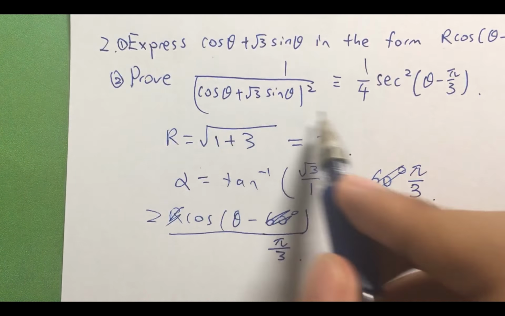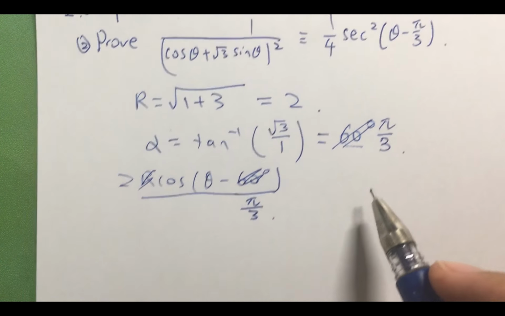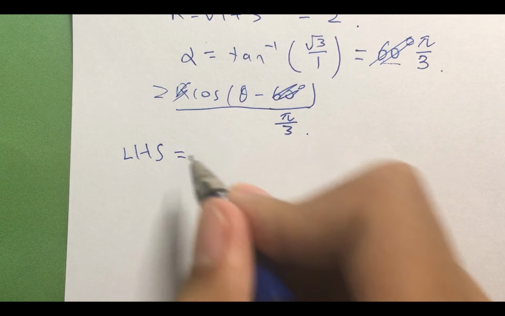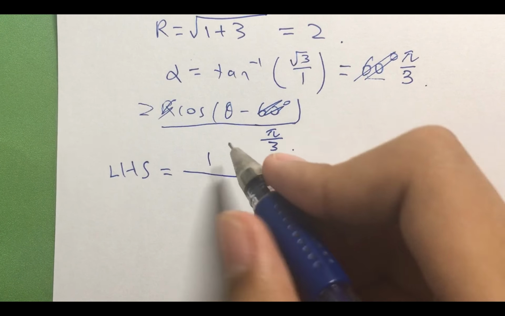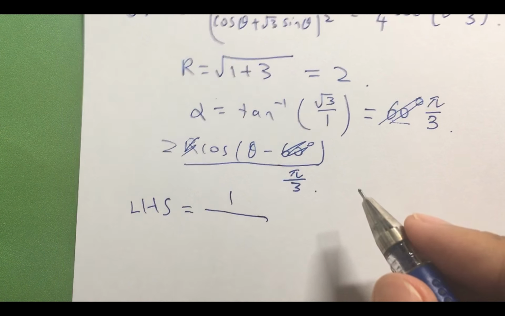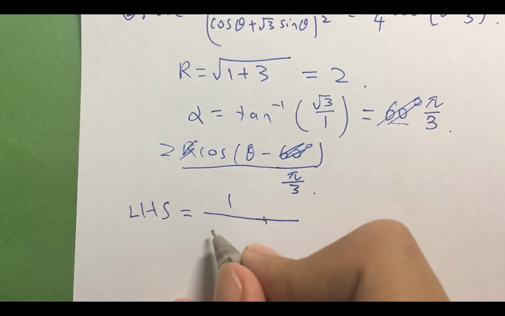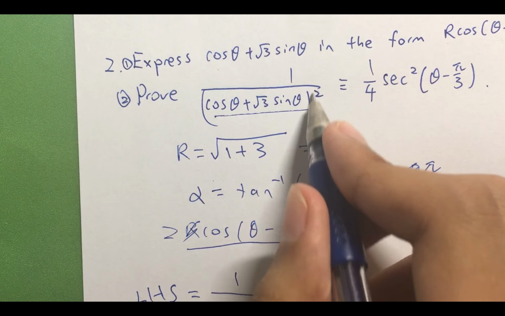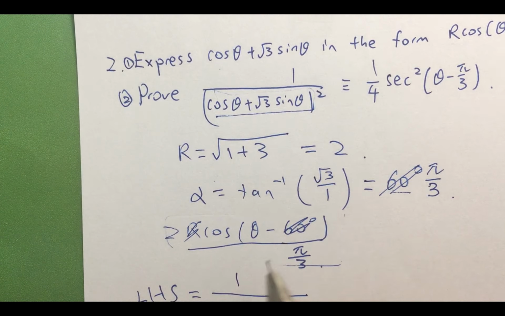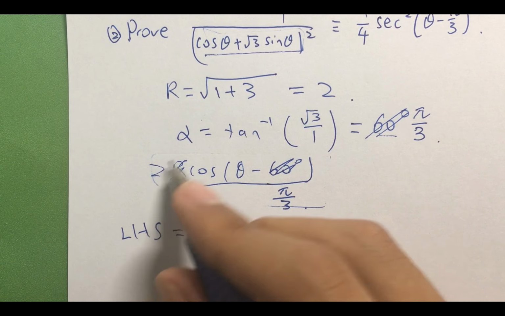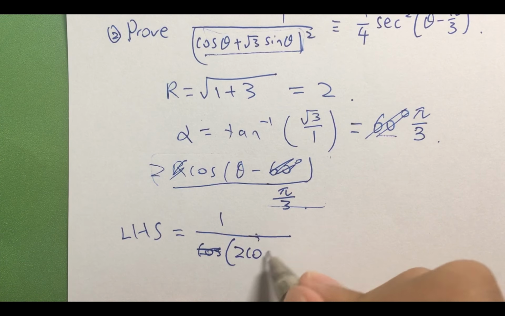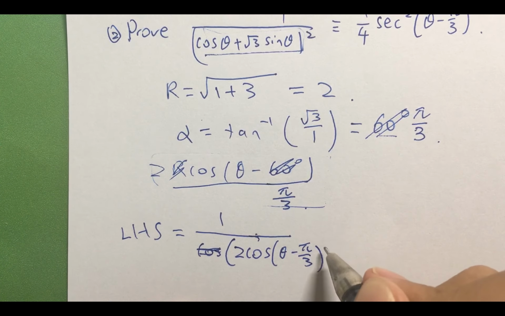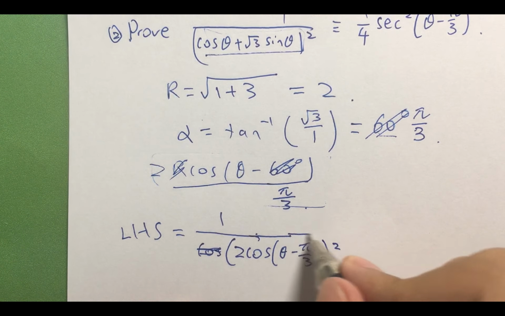And now let's do the second step, which is an identity. So now we start from the left hand side, which is 1 over cosine. Because we have changed this part into this, we can just write by using that. So we will get 1 over 2 cosine, bracket theta minus pi over 3 bracket, squared.